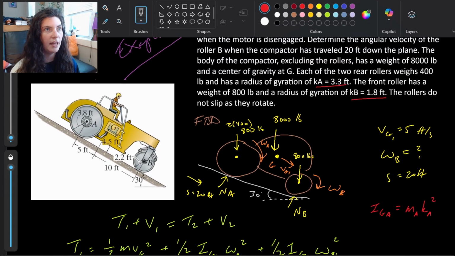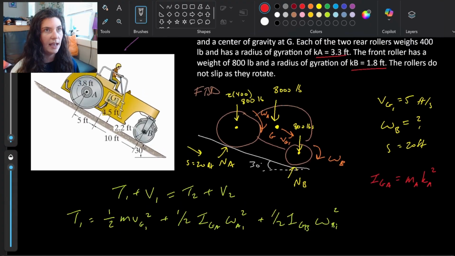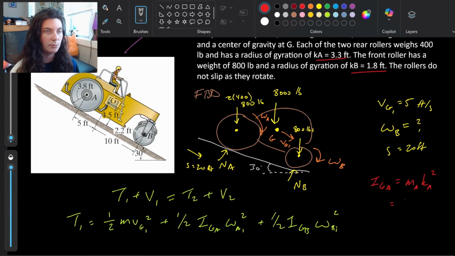So mass of A we decided was 800 pounds, or 2 times 400 pounds. Since those are in pounds, they have to be converted back out to slugs, so divide that by 32.2 times the K value of 3.3 squared.